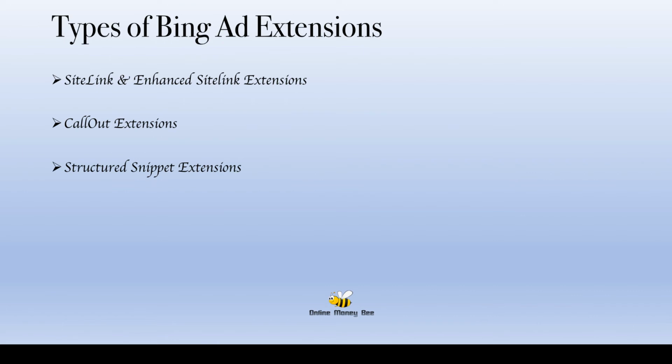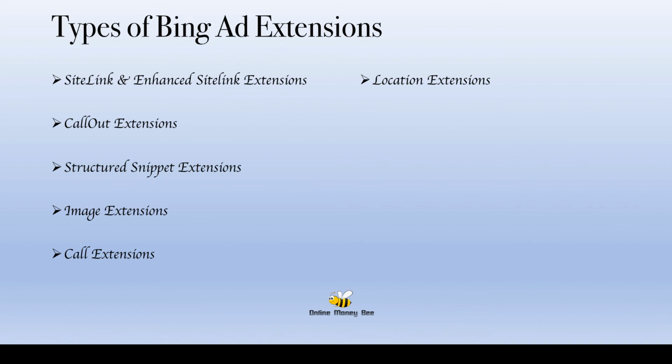We can see more details when we actually go to the creation of the ad. And then image extensions. As the name suggests, you can display an image. And call extensions are the ones which allow you to click on the phone number so that you can dial from there. You can see more of these things on mobiles. That is easier to take as an example and also a beneficial thing.